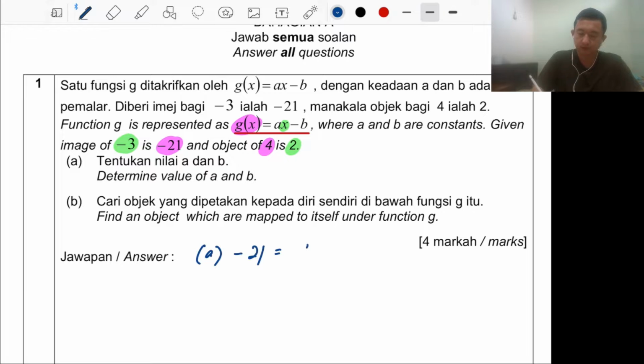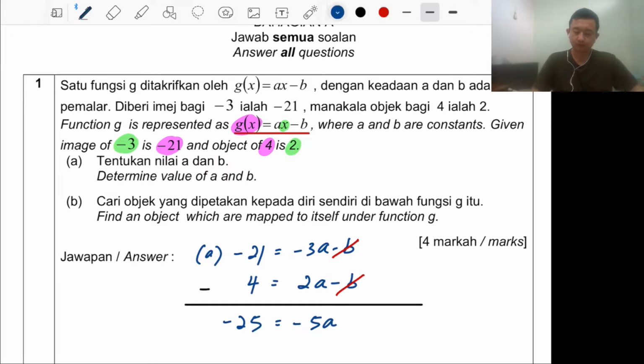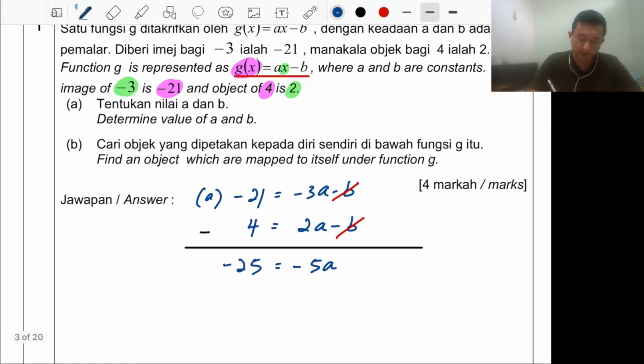Image equals -3a - b, equation 1. Equation 2, simultaneous equation. So I'll do elimination here. Eliminated, right? So a is 5.